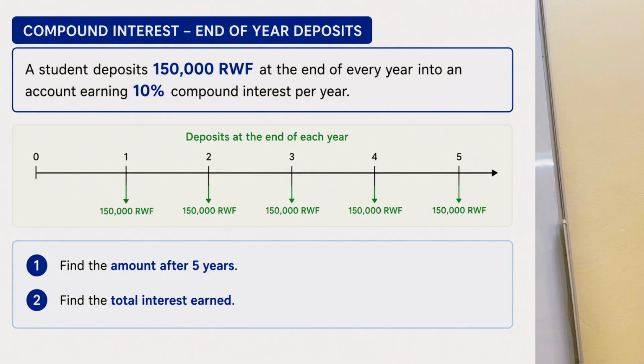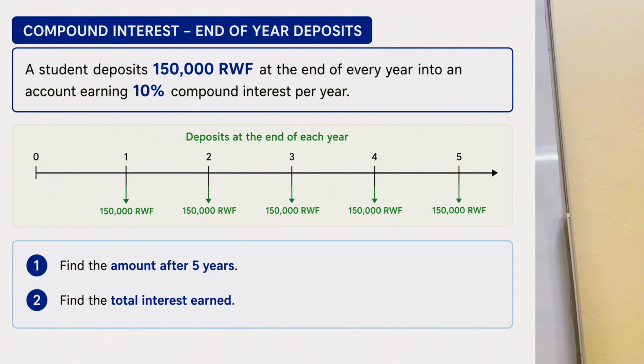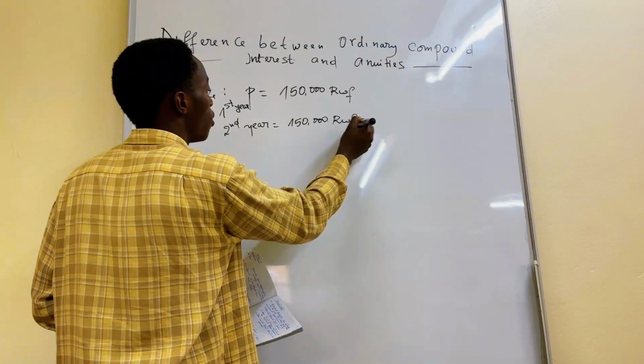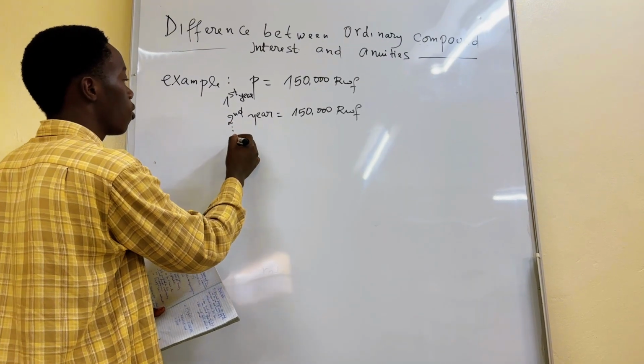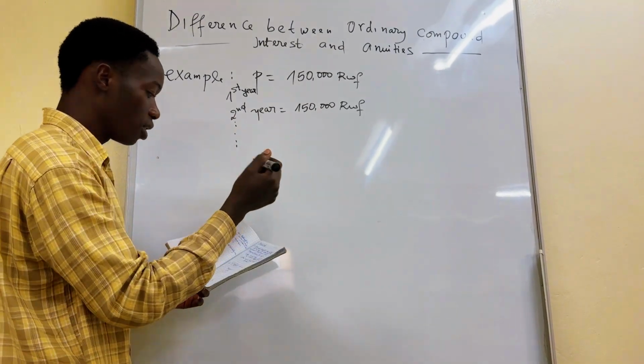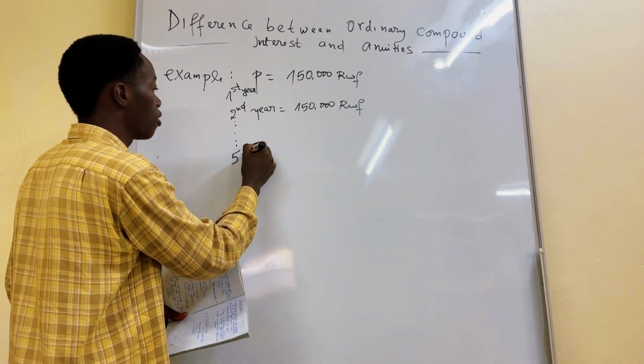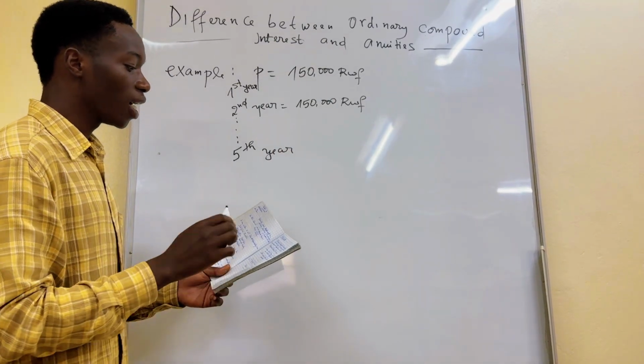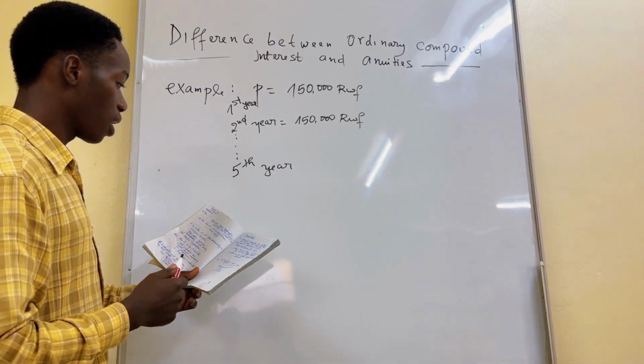This was the deposit of the first year. In the first year, the student deposits this amount. In the second year, again he deposits this amount, and he continues up to the fifth year, because here they said at the end of every year.